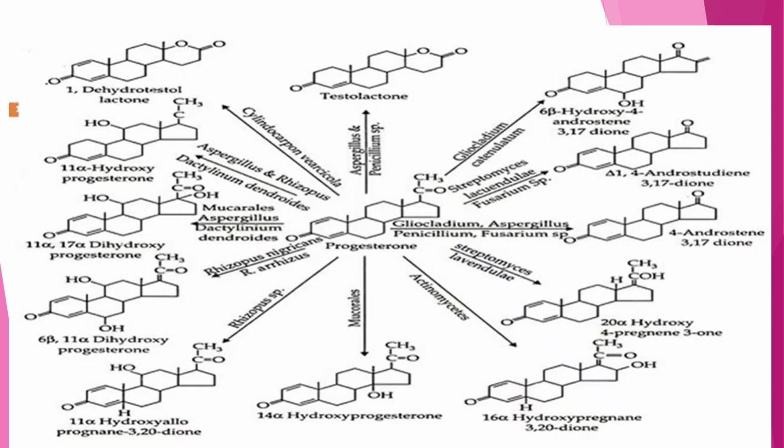Like that, in the presence of Actinomyces species, you can convert it into 16-alpha-hydroxypregnane. Then with Macrodiols, we can convert it into 14-alpha-hydroxyprogesterone. By using different microorganisms, you will get different types of steroidal products from a single parent molecule. While comparing it with the chemical process, it is very difficult to get such things.